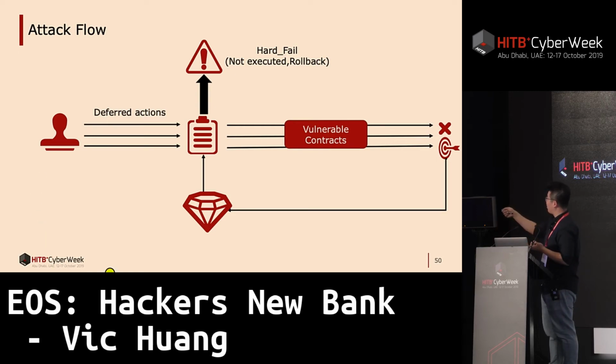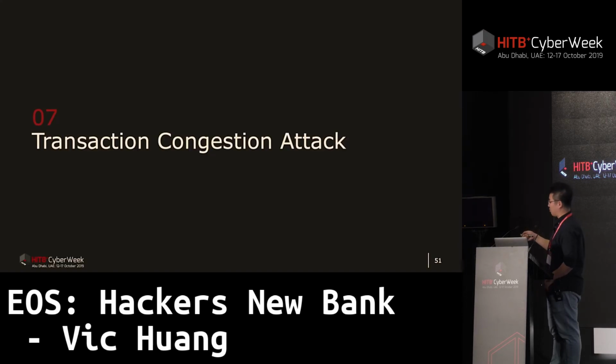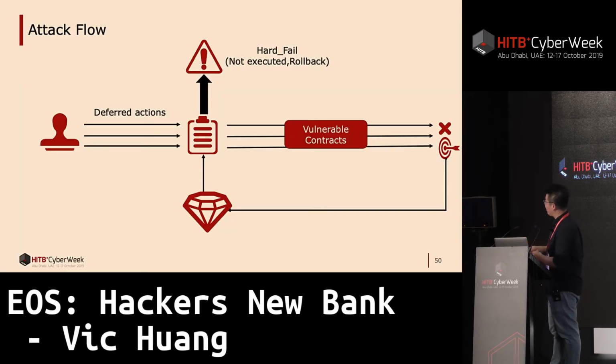You use the deferred actions to transfer the money, and you use the proxy contract to transfer to the victim contract. So you can send several times. If you didn't win, you just make it hard-fault.